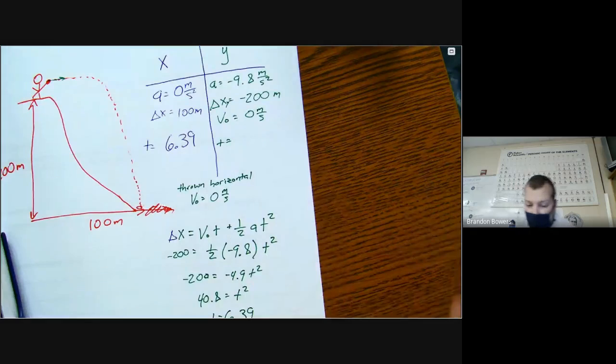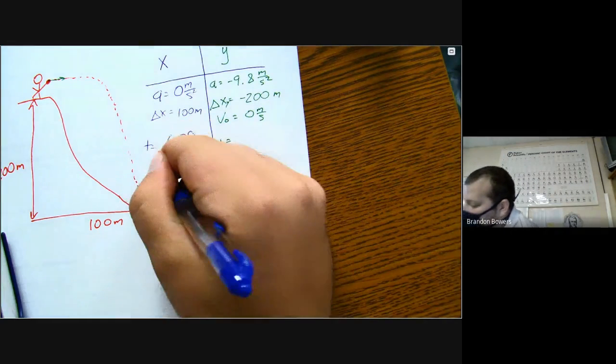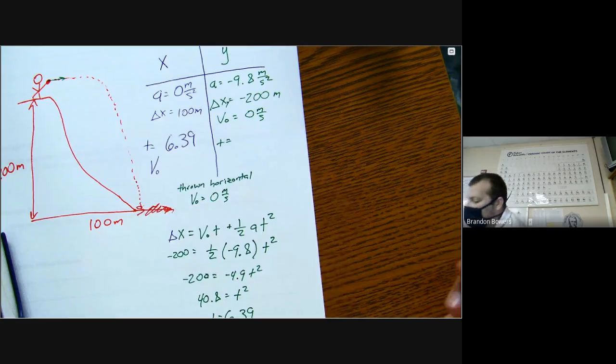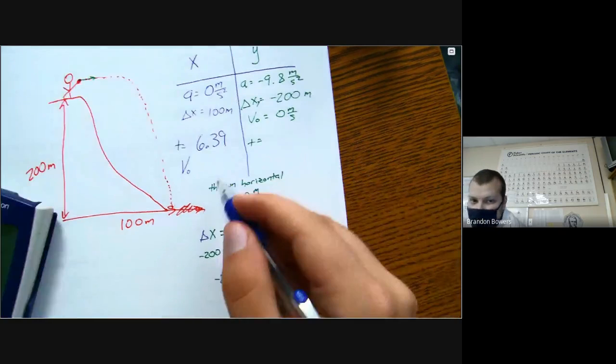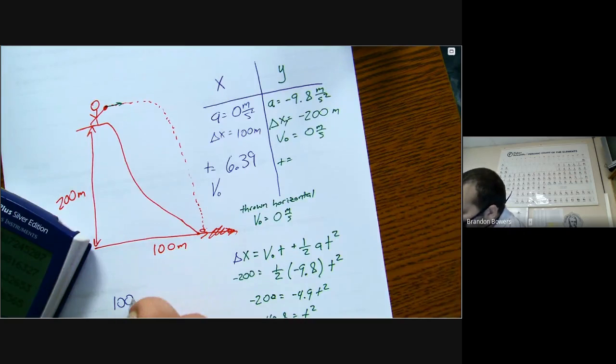The question's asking, with what velocity does she throw the rock? So I have to find my velocity in my x direction. I have a lot of data now, so if I plug it into the same equation, what's my delta x? 100 is equal to initial velocity, which I don't know, times time.